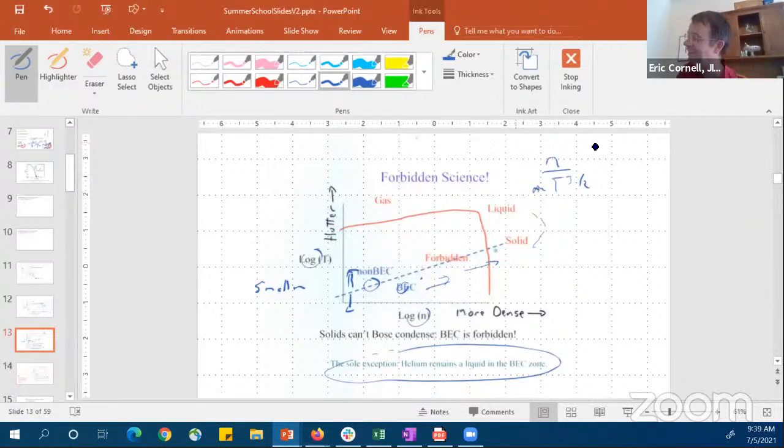We'll put in some factors of H bar and mass to the I and J as needed to get the proper units. But it's definitely the case that as we make the mass smaller, this line starts to move up and maybe can get into the liquid regime. And it does, but only for helium.